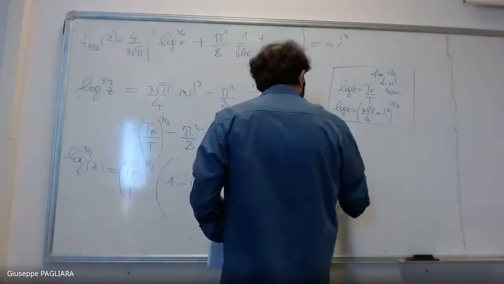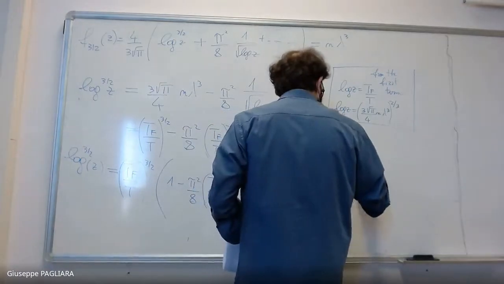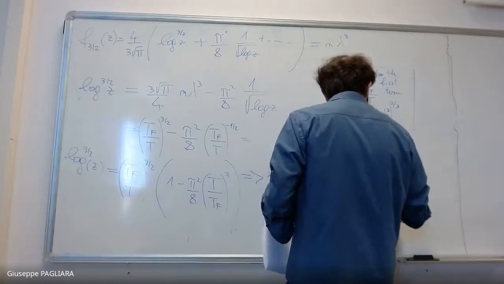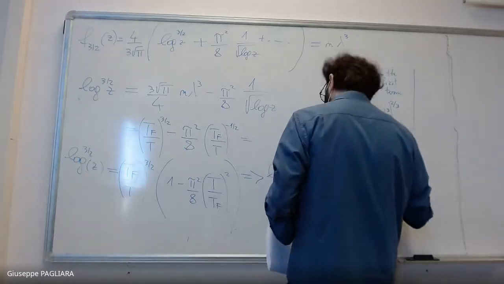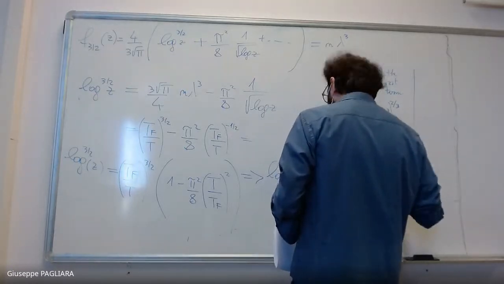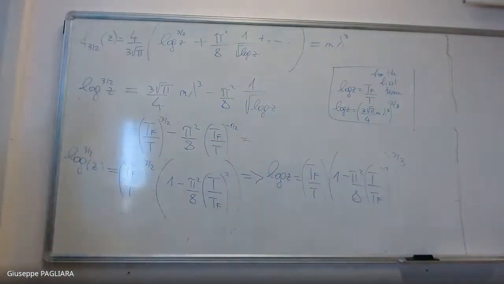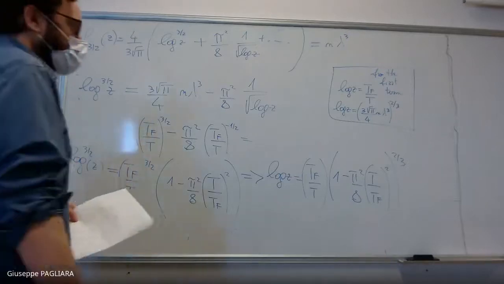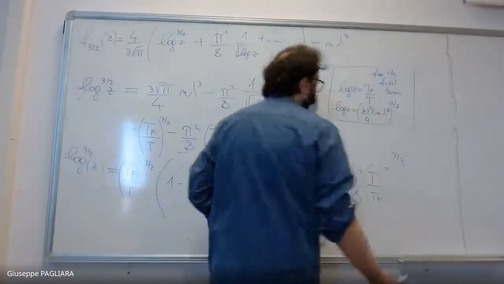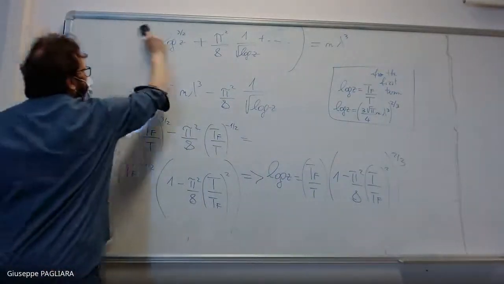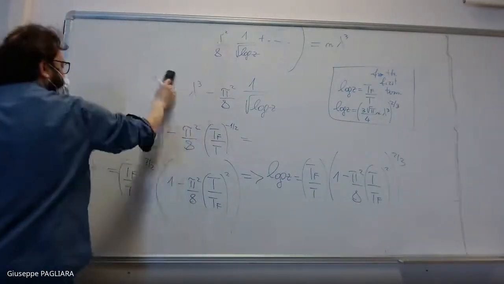And here I have 1 minus pi squared divided by 8, T divided by Tf squared, and then this to the power of 2/3. Now T is small with respect to Tf, which is a finite quantity.